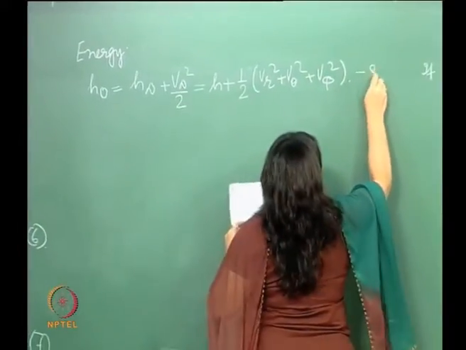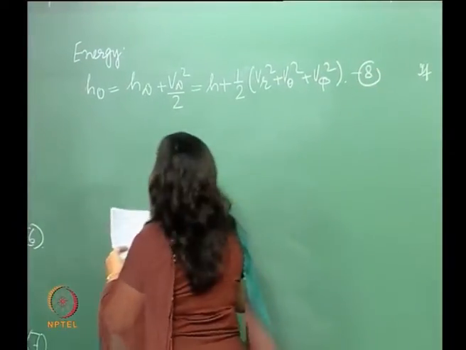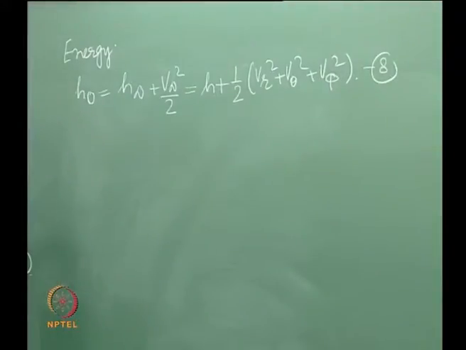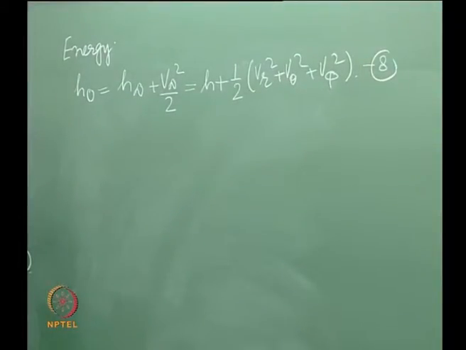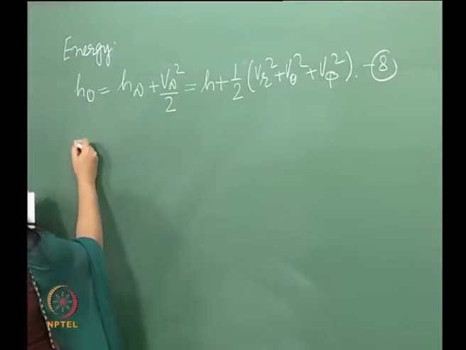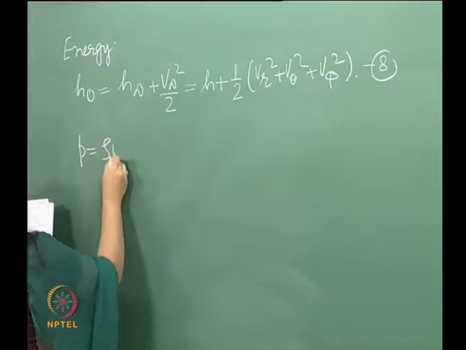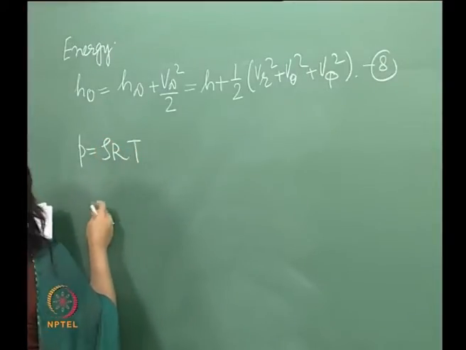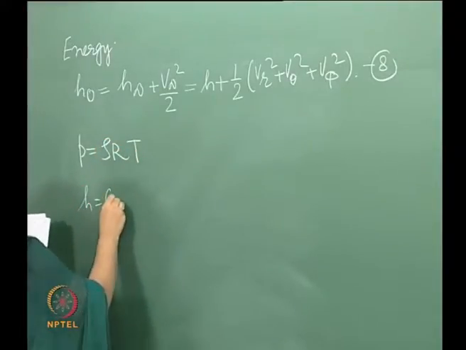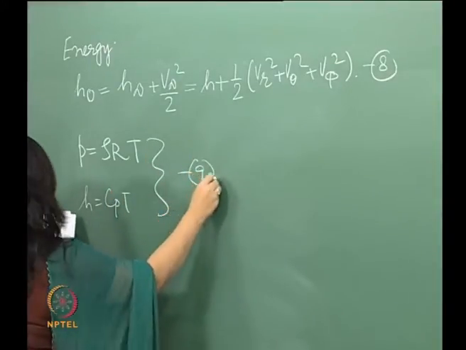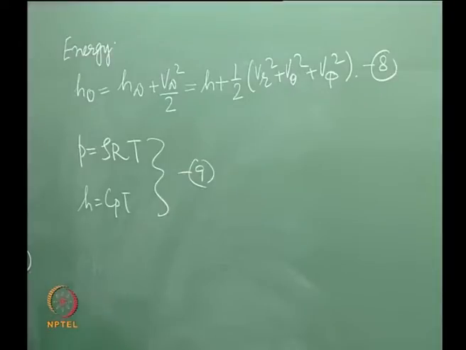And along with this, of course, we have the equation of state and the calorically perfect gas relationship. This is the equation of state. So, these are basically our equations.